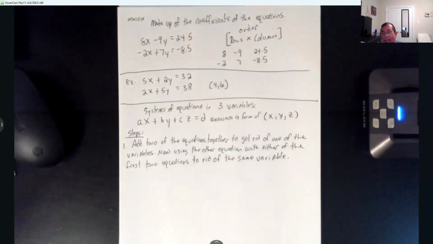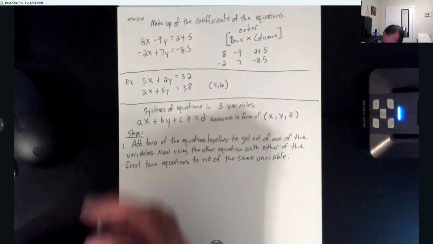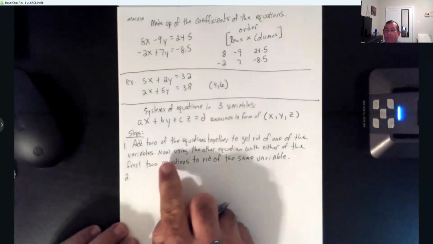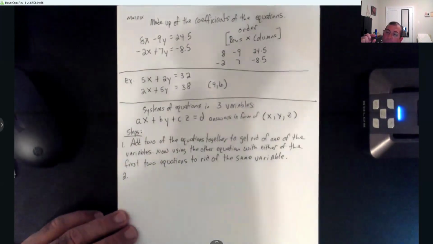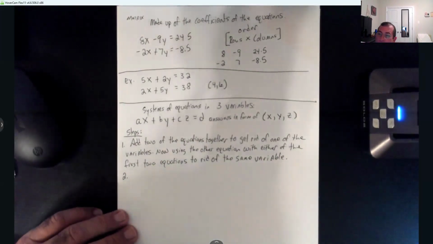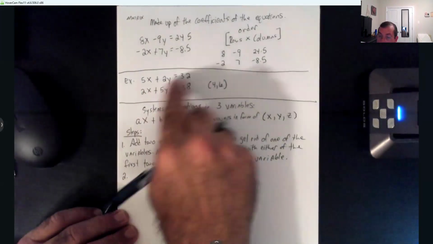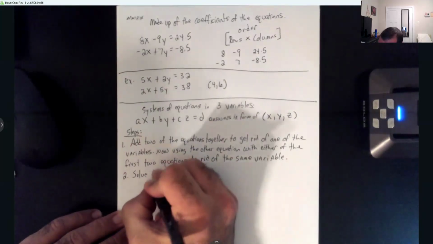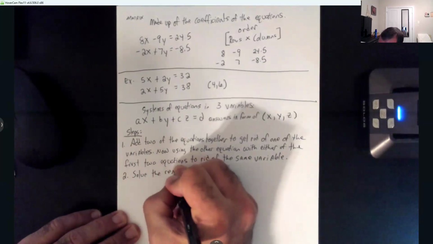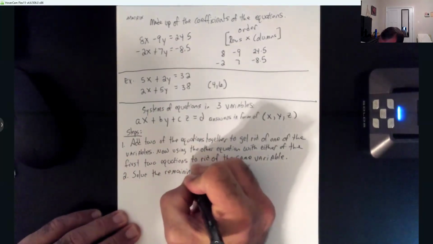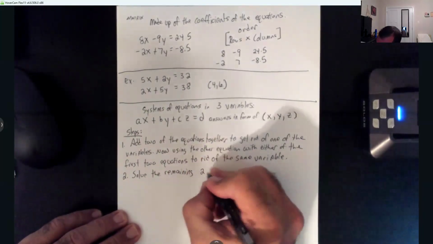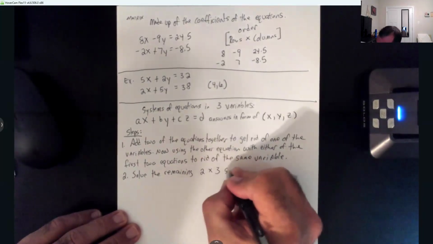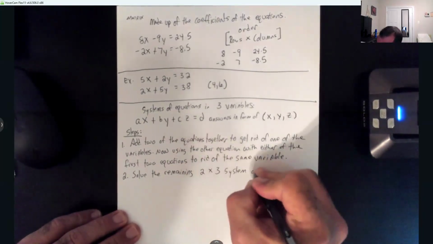So it's like you got to eliminate one variable twice. But y'all, after doing that, we will be ending up with what we call a 2x3 system like we've been doing. So at that point, we solve the remaining 2x3 system of equations.